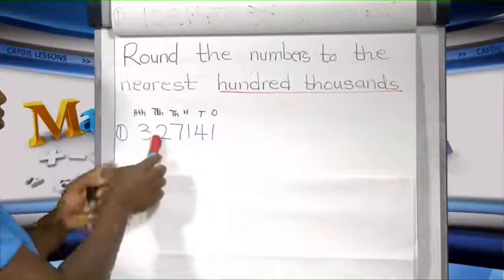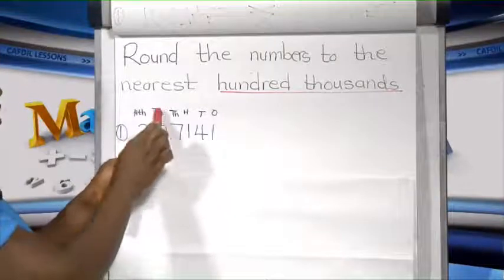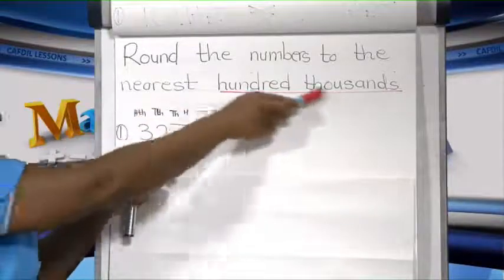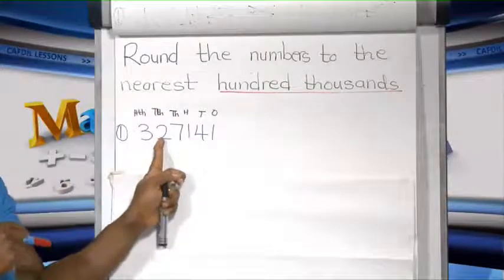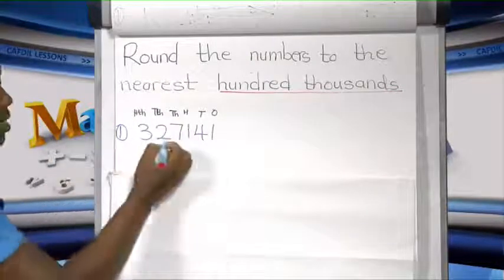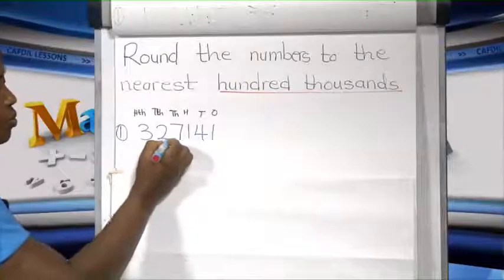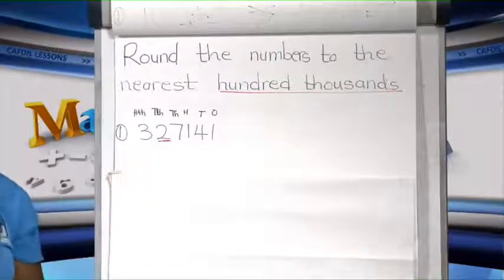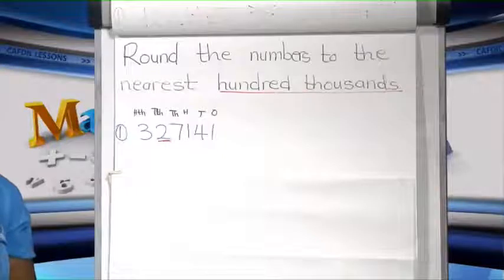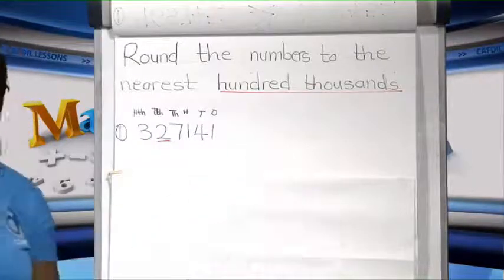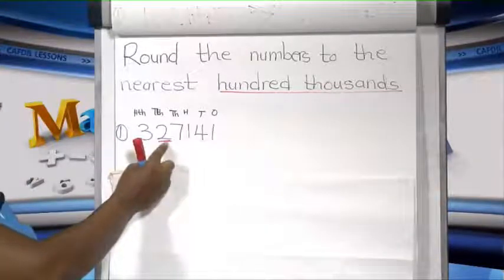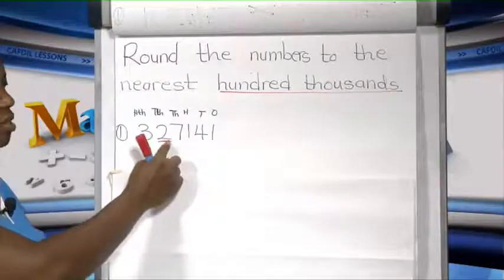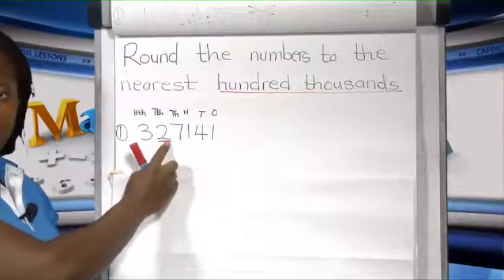What are the digits over there? It is 2. So 2 is less than 5. So we let the rest of the numbers rest. We won't add anything to the 3 because the number right to 3 is less than 5.